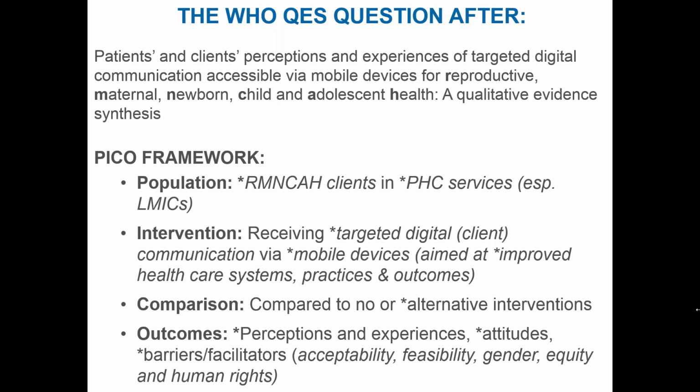And just to say that in the end, our results section of this review had three sections: acceptability, feasibility, and the third section was gender, equity, and human rights, because the commissioners were also particularly wanting to make sure that their global guidelines are going to address things like gender, equity, and human rights.